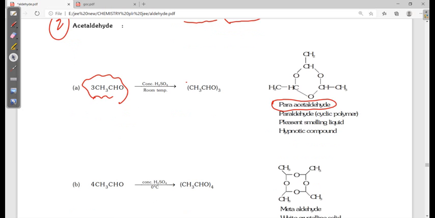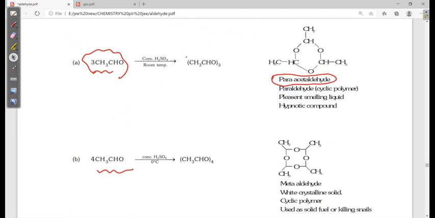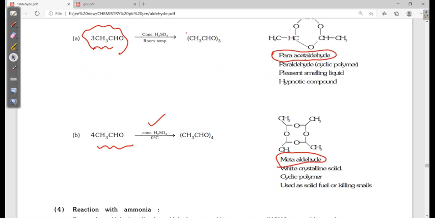Then 4 moles of acetaldehyde react in the presence of concentrated H2SO4 to give metaldehyde. Here paraacetaldehyde, here metaldehyde. This is also a cyclic polymer.